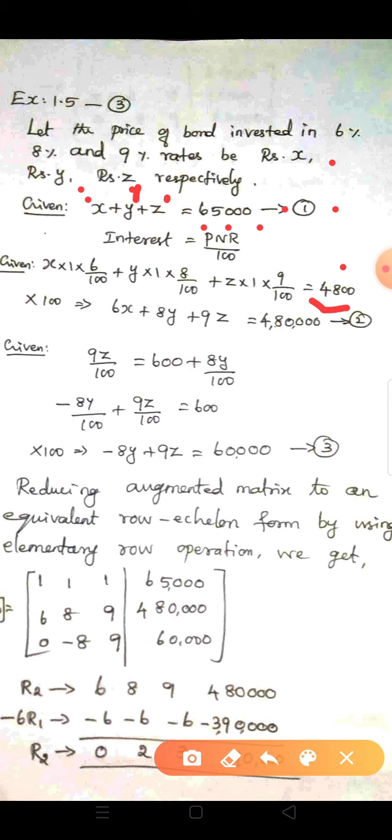We substitute in the interest formula. P is equal to X, number of years is 1, rate of interest is 6%. So X into 1 into 6 by 100. Second, principal amount Y, number of years 1, rate 8 by 100.